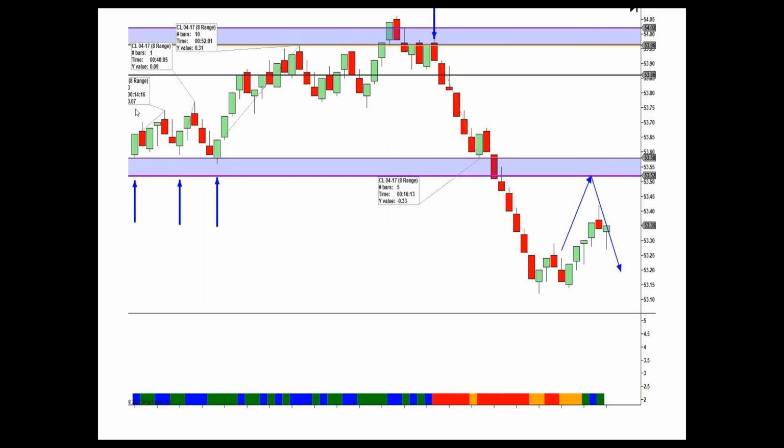Now, I wanted to give you these examples. You're sitting on support, you can go long. Come back to support, you go long. Back to support, you go long. Then if you want to take what's considered a counter trend trade, you have to wait for order flow to turn. Now, I don't like to counter trend trade.